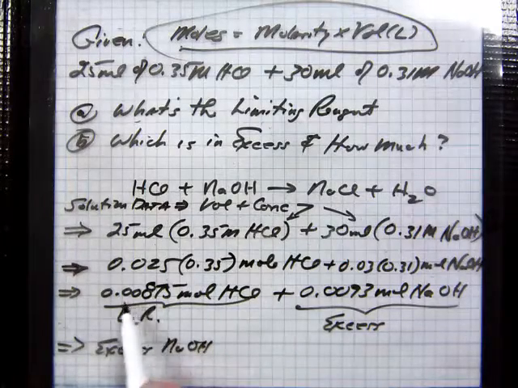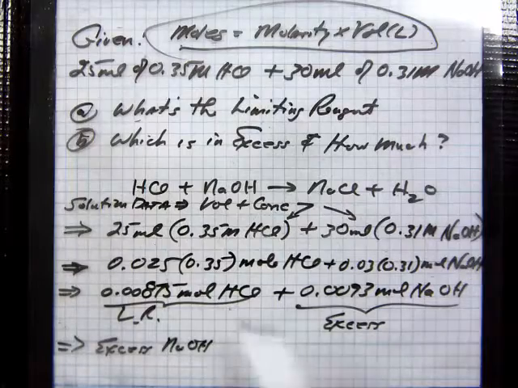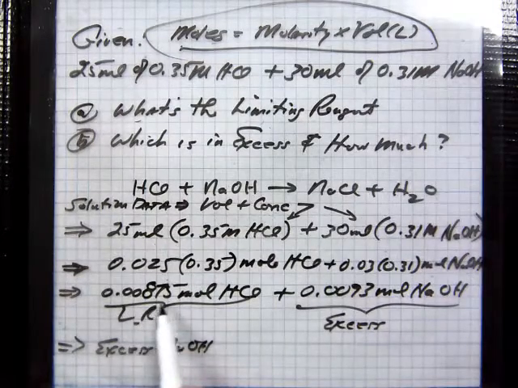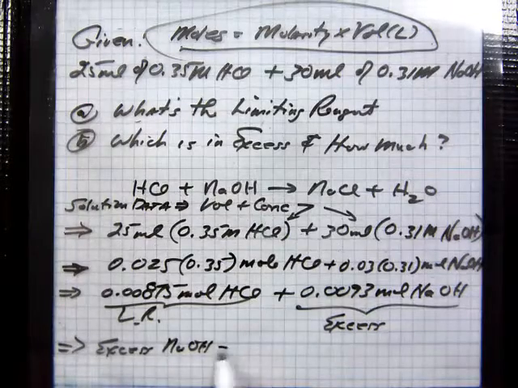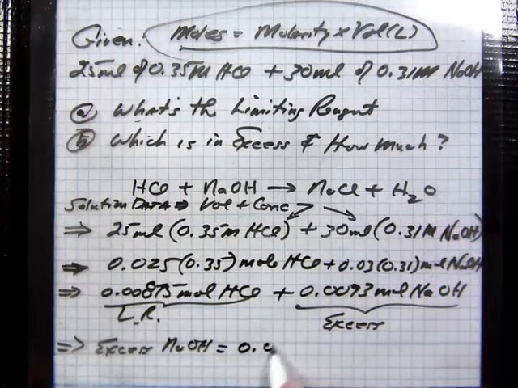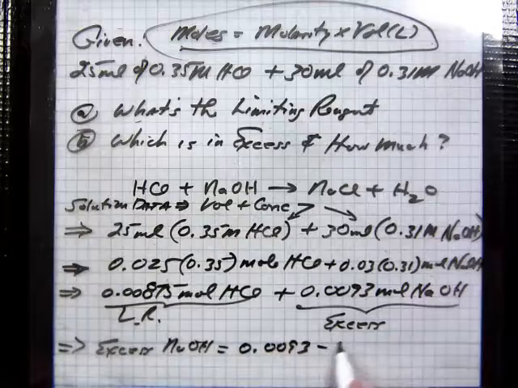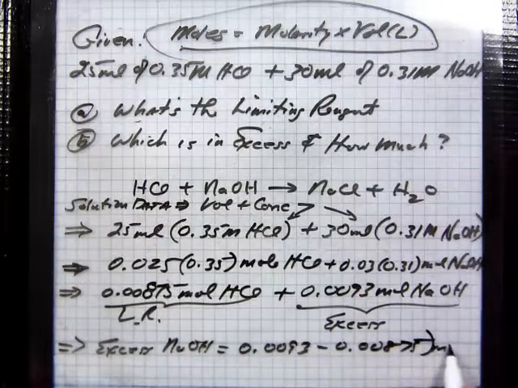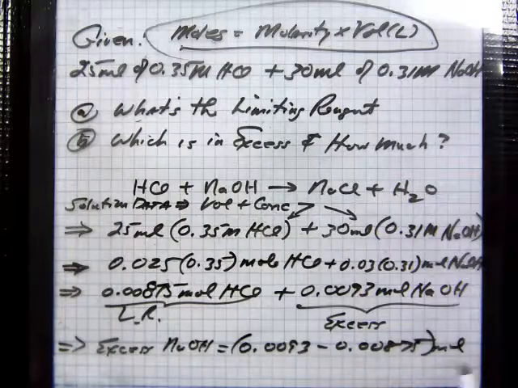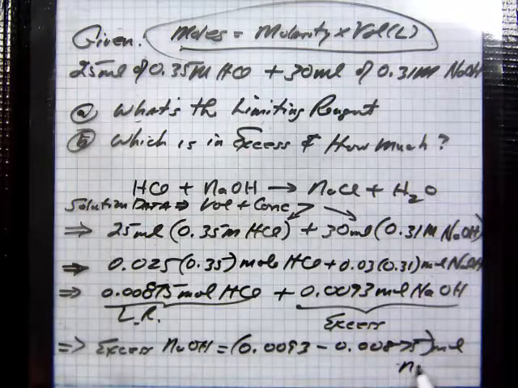So if I have 0.00875 mole of HCl, I'm going to use up 0.00875 mole of NaOH. So that's simply subtracting those two: 0.0093 minus 0.00875 mole of the NaOH in excess.